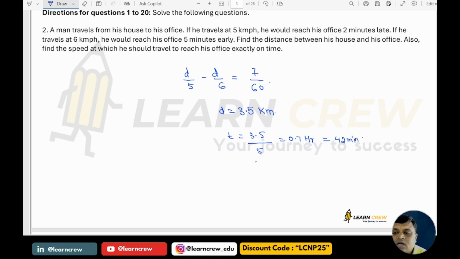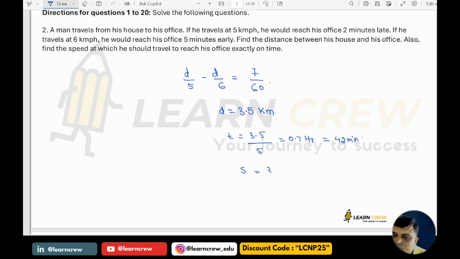Right? Now what is the speed? So required speed, please understand, it is taking 0.7 hour, 42 minutes to cover this 3.5 kilometer at a speed of 5 kilometer per hour. So how do you get the speed?